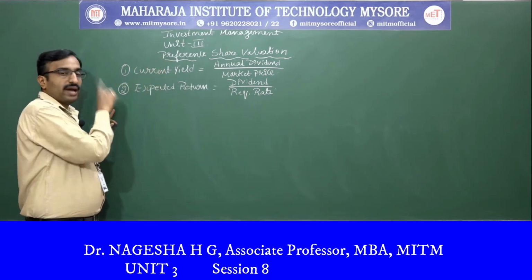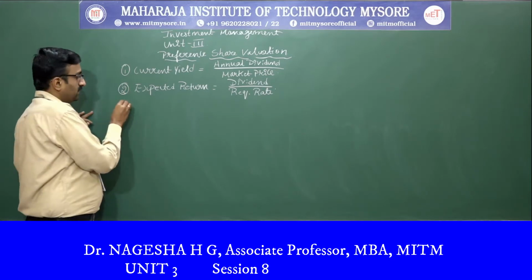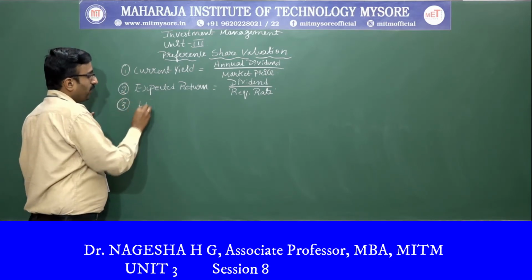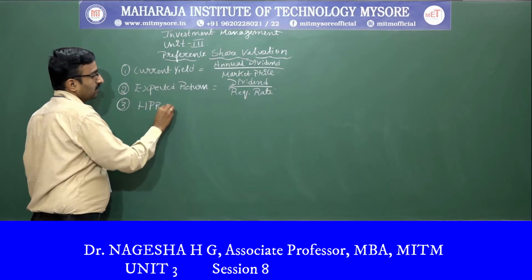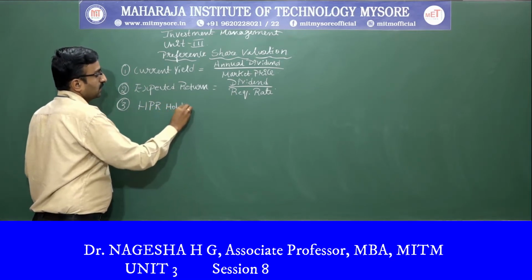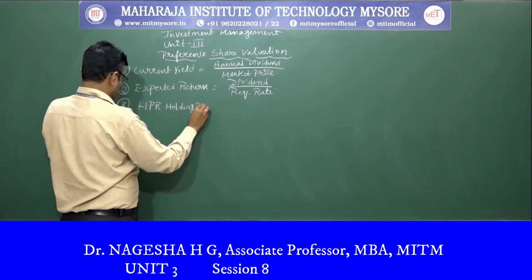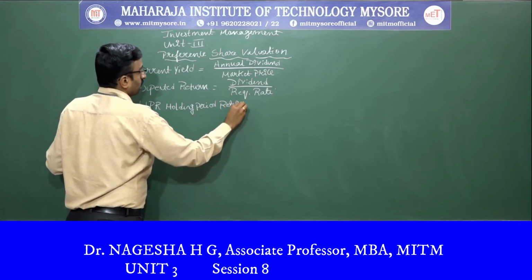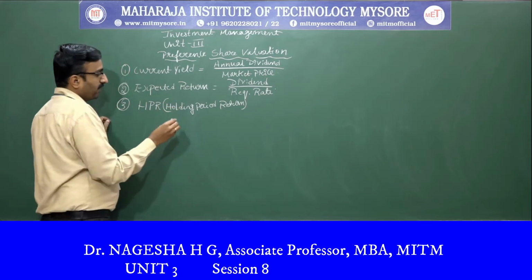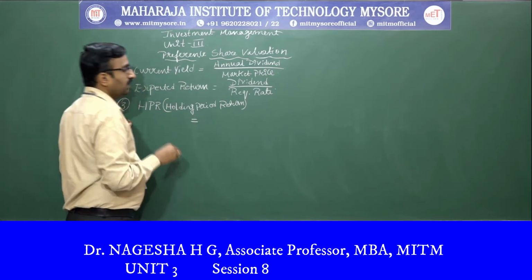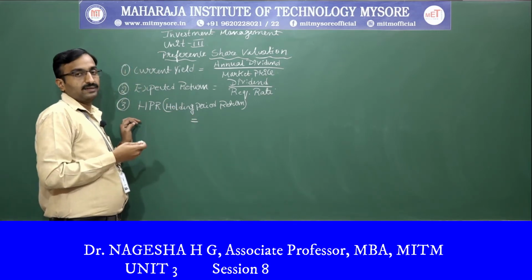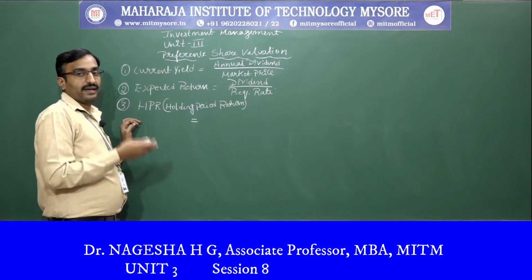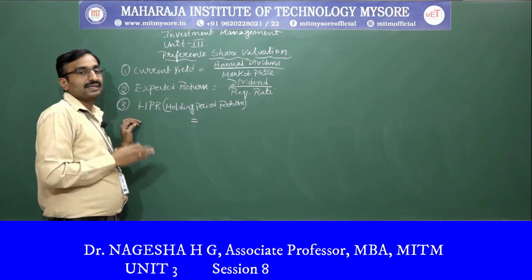In the same way, the third one is holding period return. Holding period return is calculated in terms of the dividend paid for the particular year or the dividend planned for the particular investment.